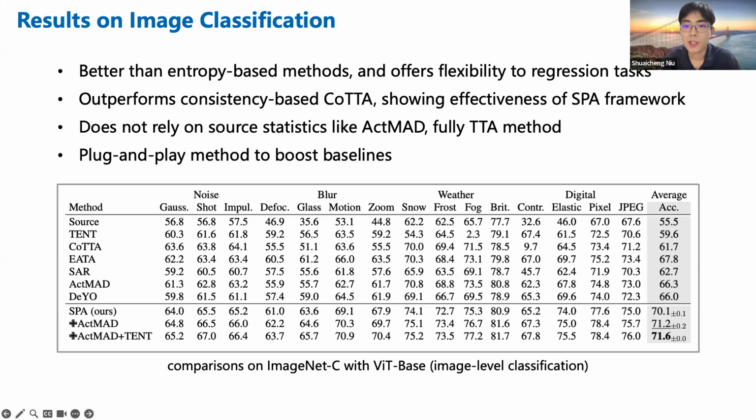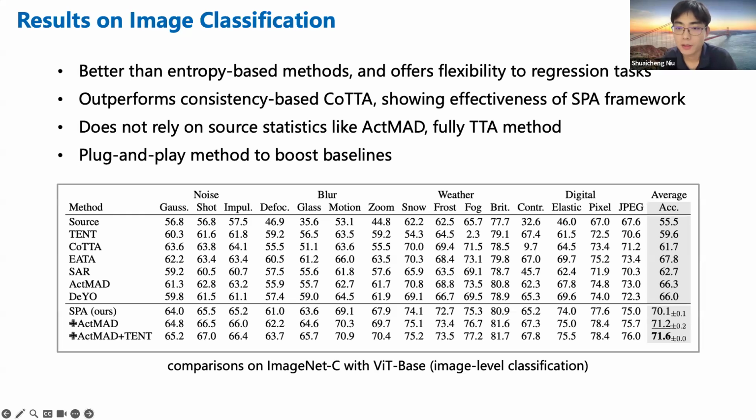And thirdly, compared to the alignment-based method, SPI does not require access to source training data for calculating the source statistics to achieve alignment, and thus is more general to be used in case the source data are unavailable. Even so, SPI also achieves higher performance, improving the average accuracy from 66 to 70.